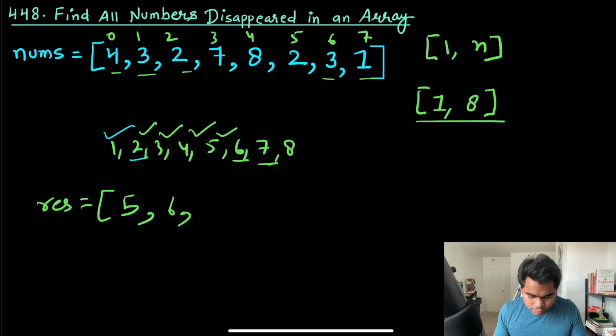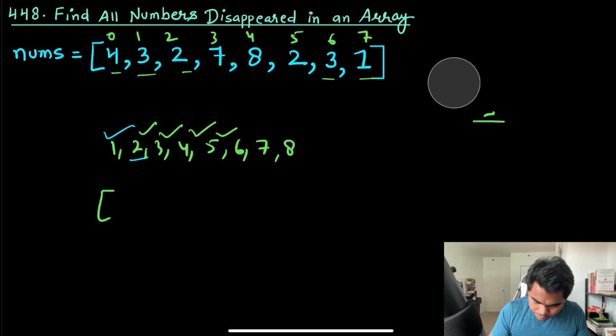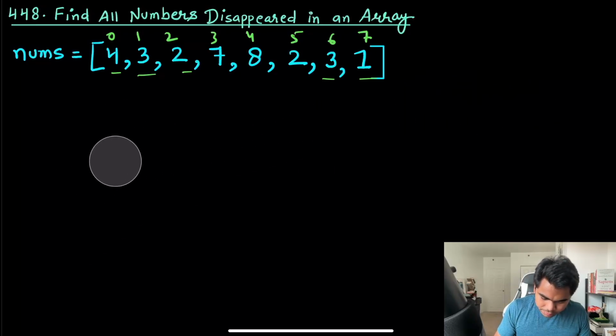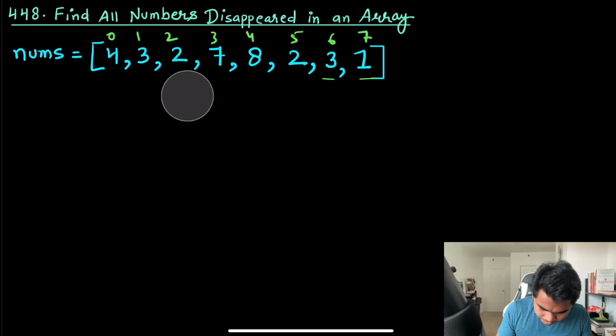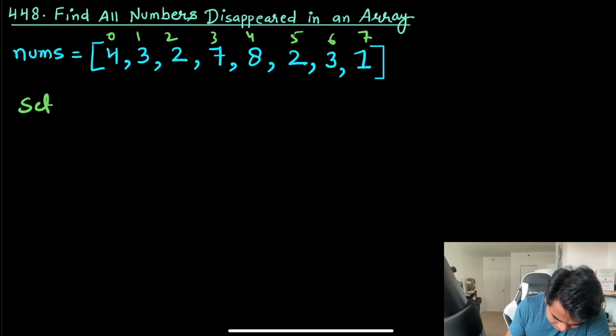For the brute force solution to this problem, how about you simply make a set of all the numbers. I'll just have a set, and I will put into my set all these numbers.